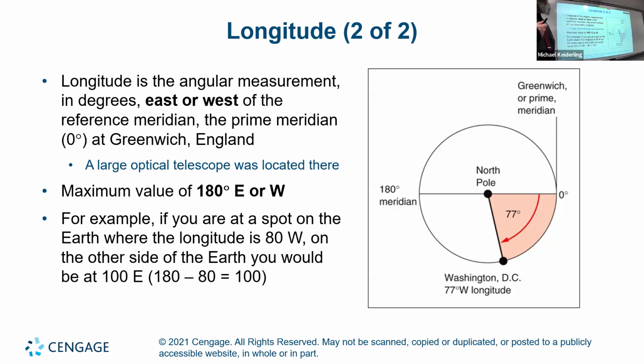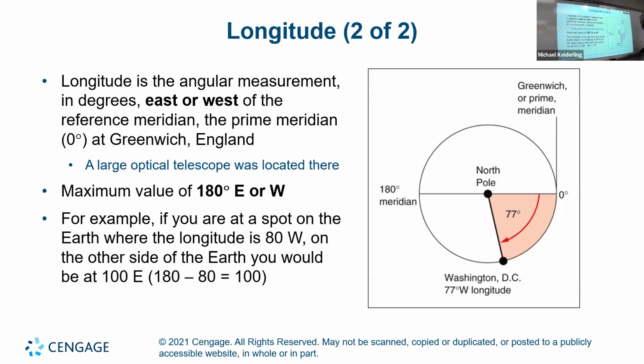Now, to find the spot opposite, it's a little more complicated than it is for latitude, but you first subtract your current value from 180, and then you switch the direction. So if you were at a place where the longitude was 80 degrees west, the other side of the Earth, you'd be at 100 degrees east, which is 180 degrees minus 80. It leaves you with 100.